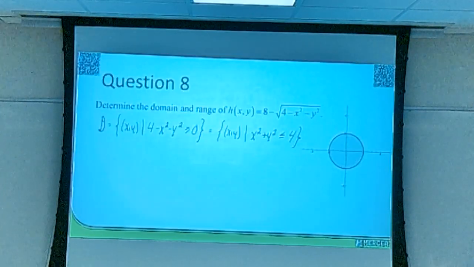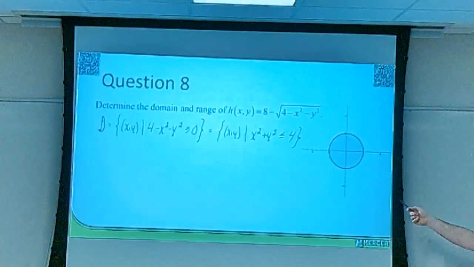So that'd be all the points on the circle. Less than 4 means it's all the points inside that circle. So the region is a closed disk of radius 2, everything on and inside the circle of radius 2. This is going to be important later.